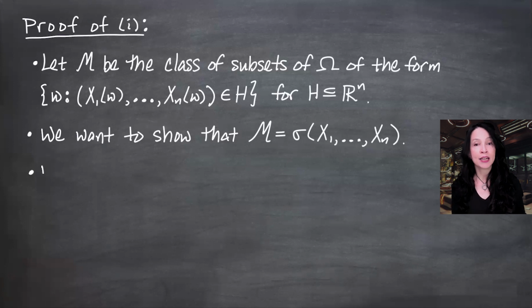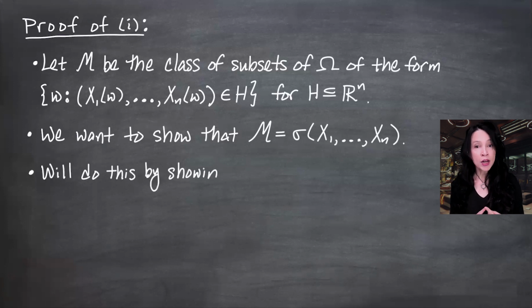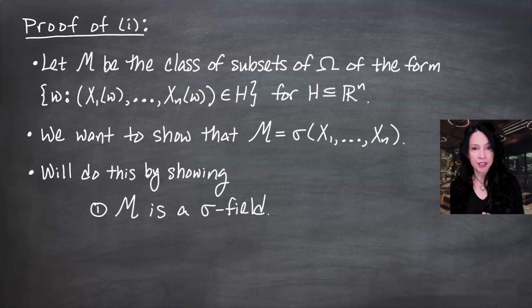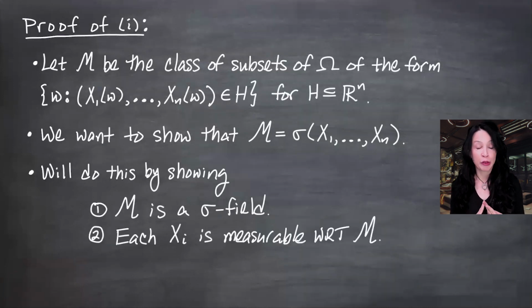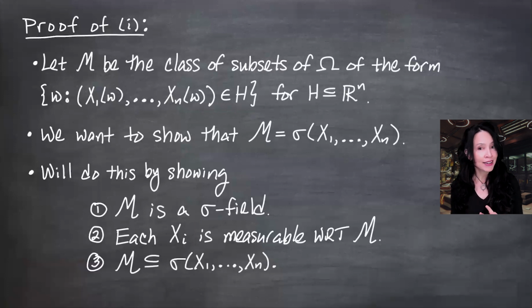And we're going to do this by taking 3 steps. Number 1, we're going to show that curly M is a sigma field. Number 2, we're going to show that each Xi is measurable with respect to curly M. And the sigma field generated by X1 through Xn is the smallest sigma field for which that happens. So number 3, we're going to show that curly M is a subset of sigma of X1 through Xn.